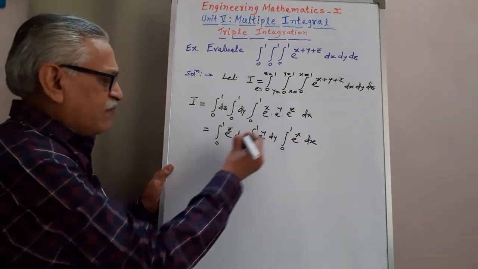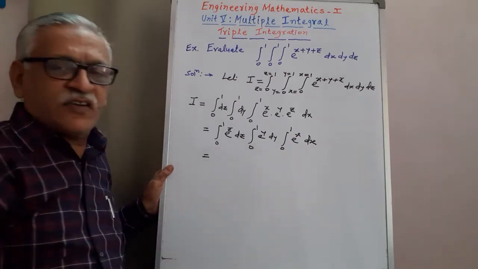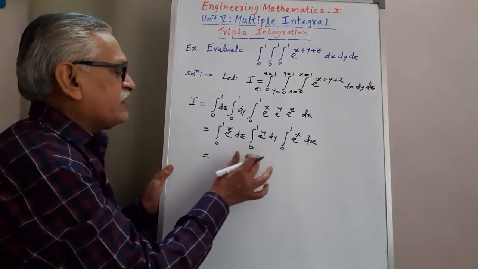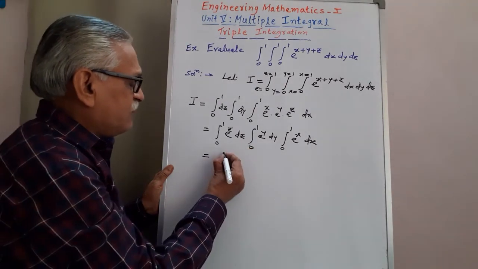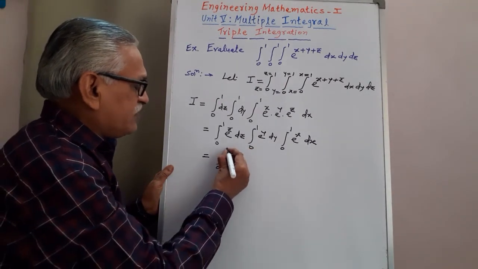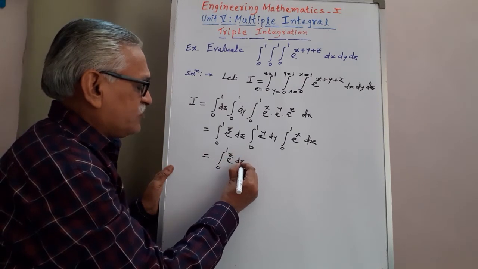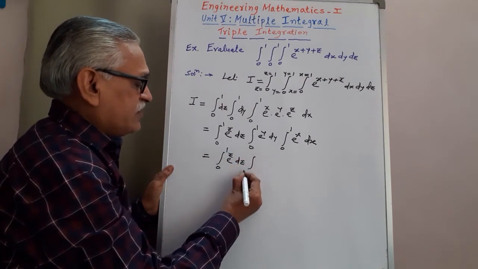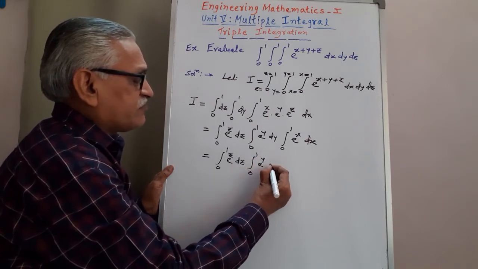Okay, and then performing the innermost integral first with respect to x, keeping the other two as they are. Integral from 0 to 1 e raised to z dz as it is, no change. Integral from 0 to 1 e raised to y as it is.